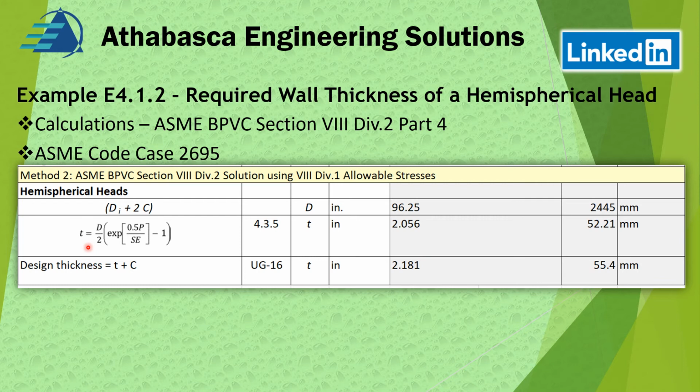It says earlier that none is required, but it's required by code to do those. So we look at the corroded diameter, we plug that in, we get pressure, SE, and then we calculate the thickness to be 2.056 inches. And UG-16 says we're at 2.181 inches, and we're done.